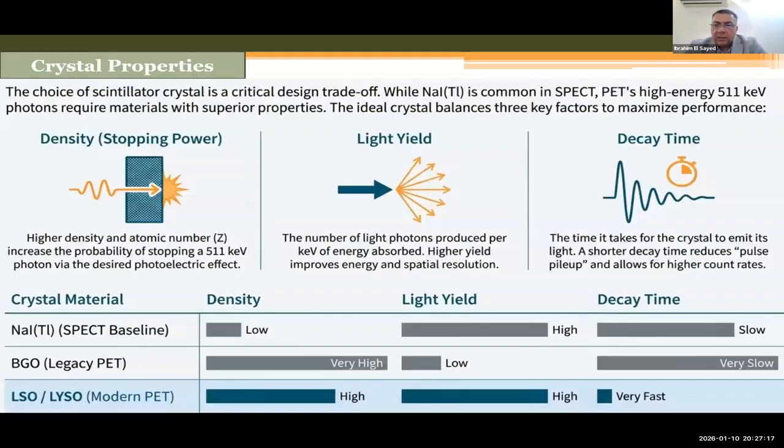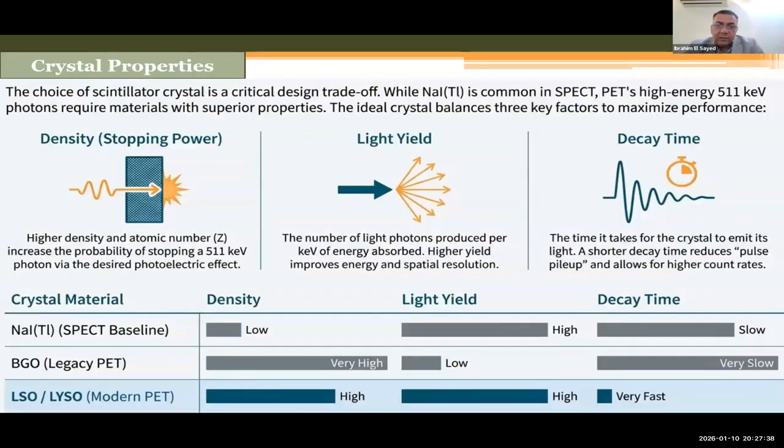The second one is the light output. It describes how much visible light is produced per absorbed annihilation photon. Higher output gives a better signal to noise ratio in electronics. For example, LSO gives 75% of the light output with fast decay.